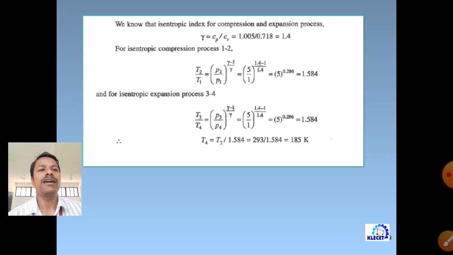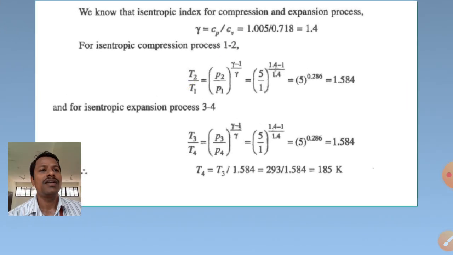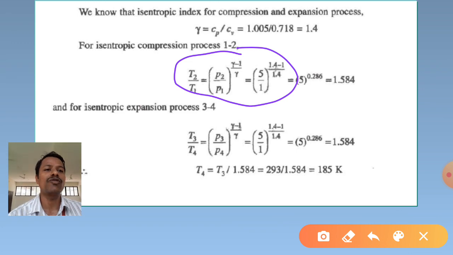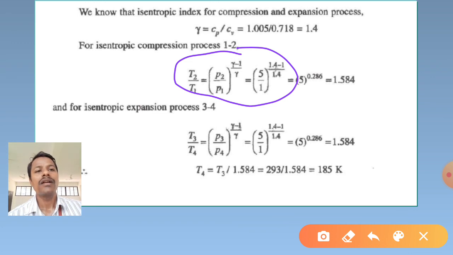So using isentropic laws. See here we know that for any isentropic process, this is the law that we can apply, that is T2 upon T1 is equal to P2 upon P1 raised to the power gamma minus 1 divided by gamma. So for using this equation we need the value of gamma. Gamma is Cp upon Cv and he has given the values, that is Cp as 1.005, Cv as 0.718.